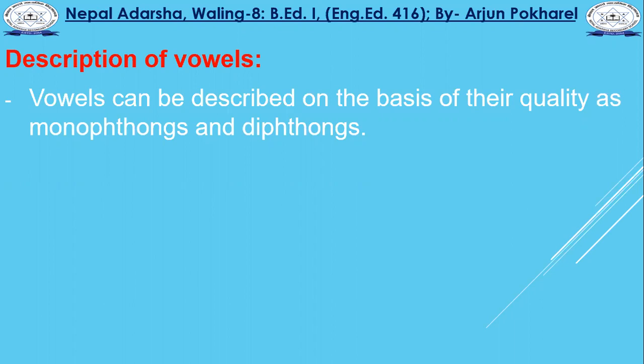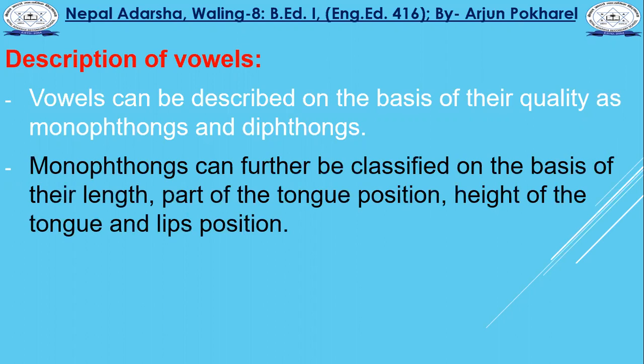These are the two classifications of vowels on the basis of quality. Monophthongs can further be classified on the basis of their length, part of the tongue position.